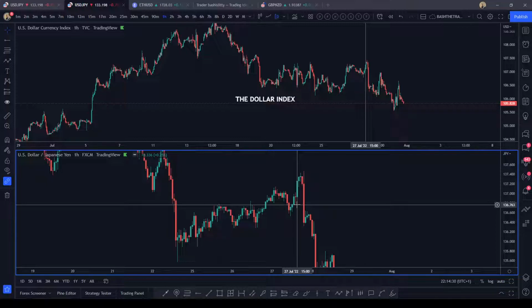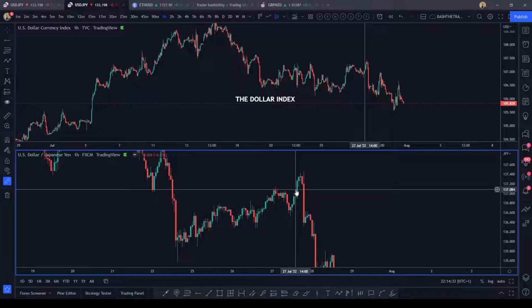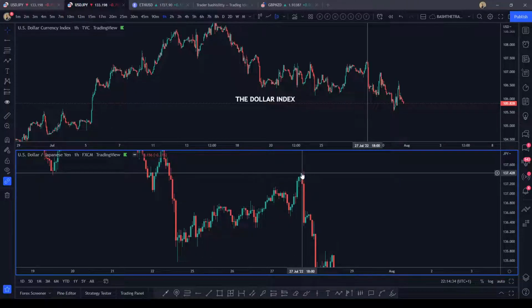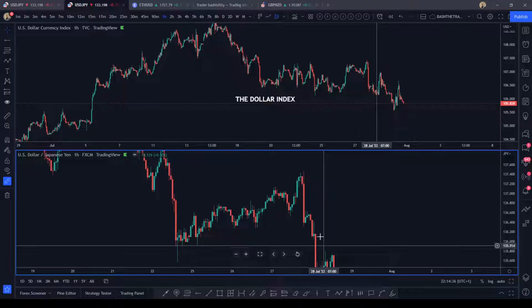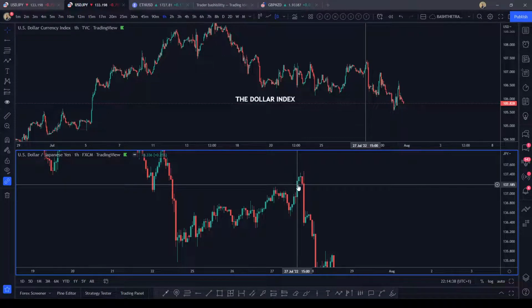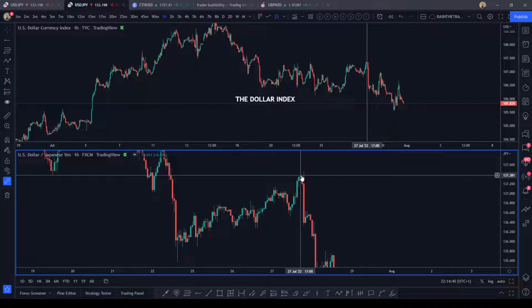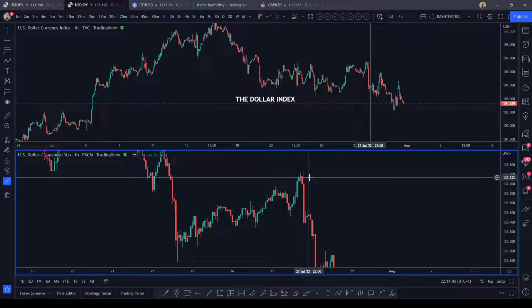So let's continue. I was in this pair and there was a slight retracement to the upside before the big drop, right? But if I had closed my position out and said that the market was going to buy, which it did not, then you see how you would eventually take a very big loss on that trade, right? So how can you avoid that?